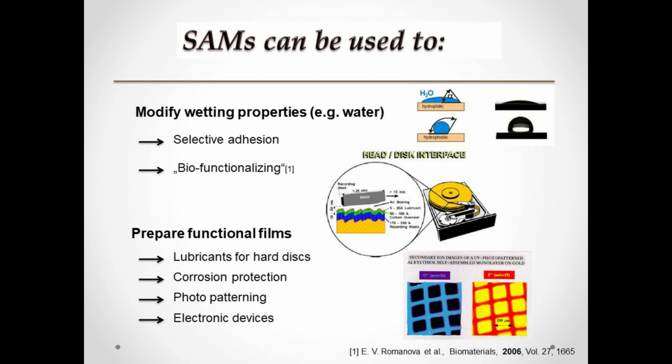One of the applications is for reading the hard disk, and it can be used for lubricants for hard disks, corrosion protection, photo patterning, and electronic devices. So this has a lot of applications actually.